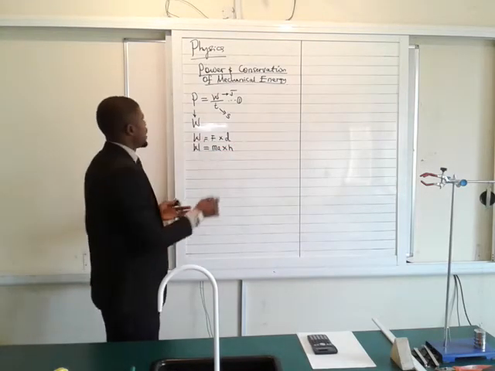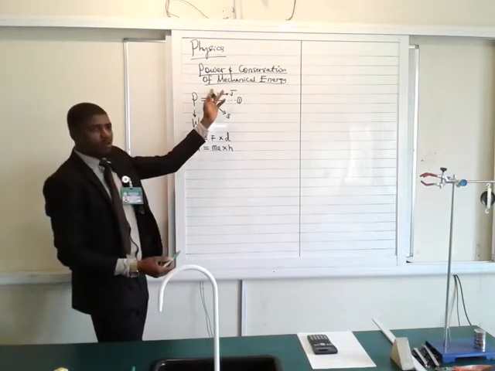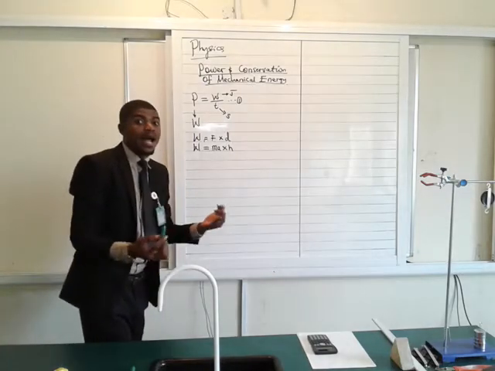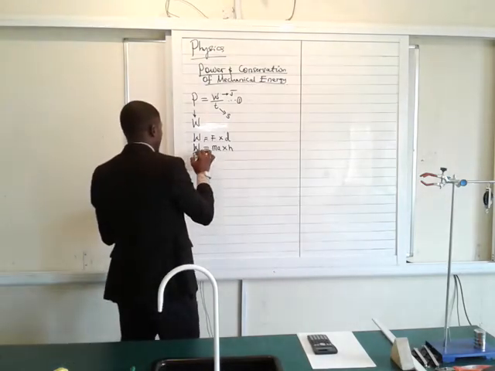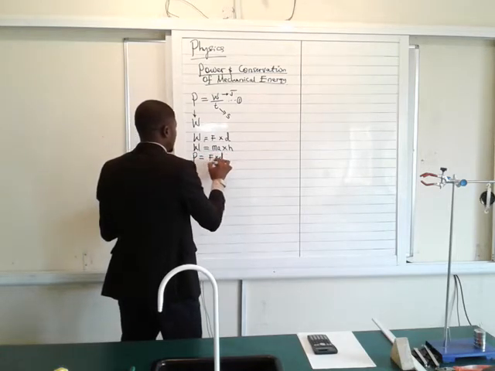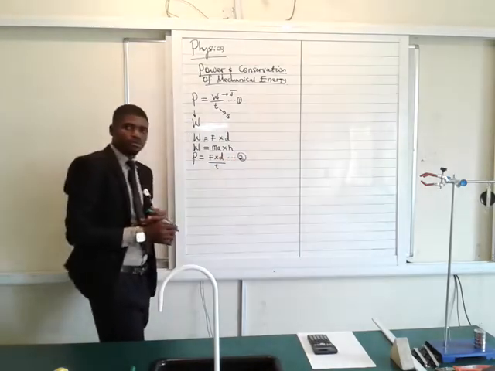And so substituting these variables into this equation, we're going to have 3 different equations of power. So we say power is equal to force times distance over time. We call this our equation number 2.